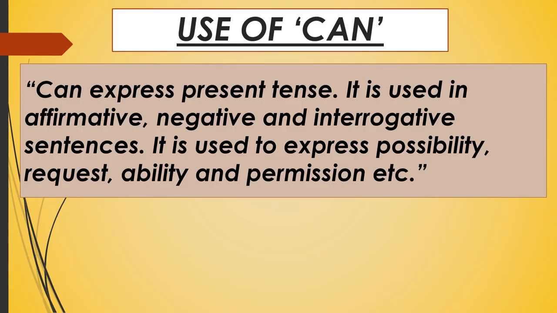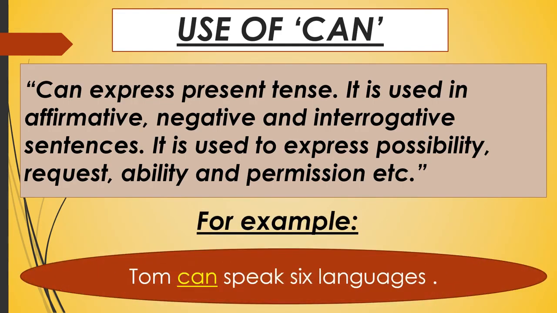It is used to express possibility, request, ability and permission, etc. For example, Tom can speak 6 languages. So here can is a modal verb and it is showing ability of doing something, and this sentence is in present tense.